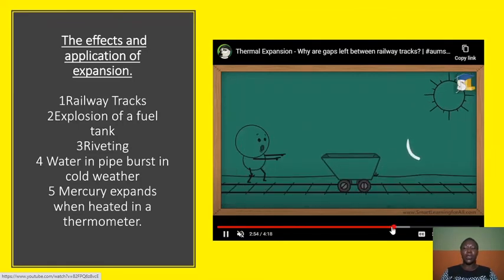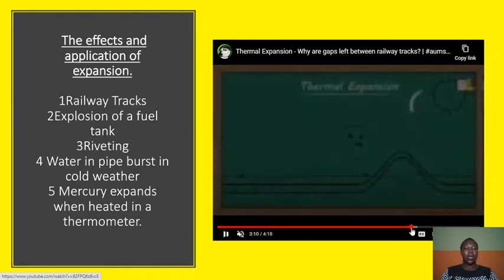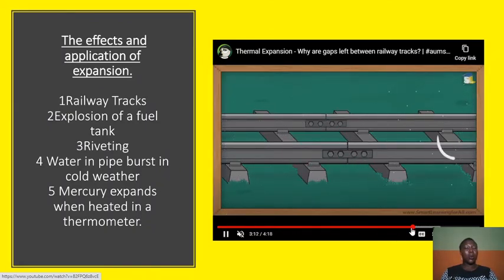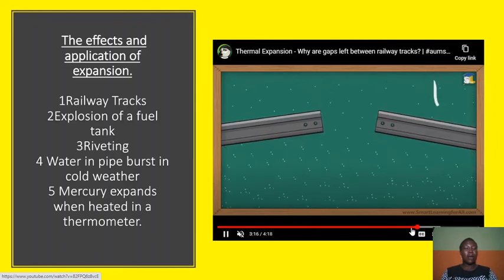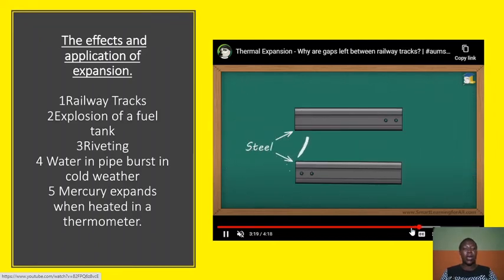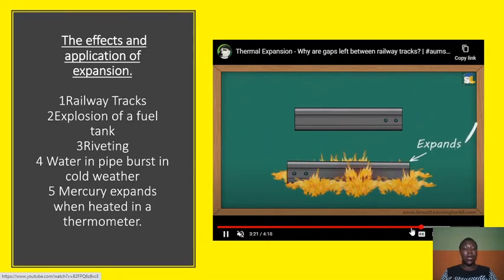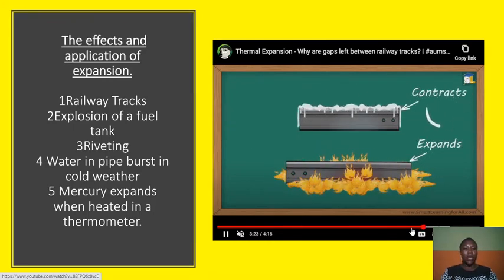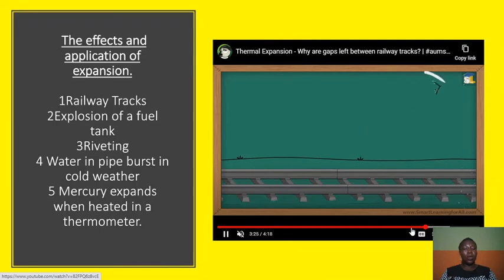Another example is the rail tracks. Because there are no spaces in the rail tracks, they will expand. Like we see, when heat is added to the metal, it expands, and when it is cold, it contracts. So if there is no space for contraction and expansion, what happens?